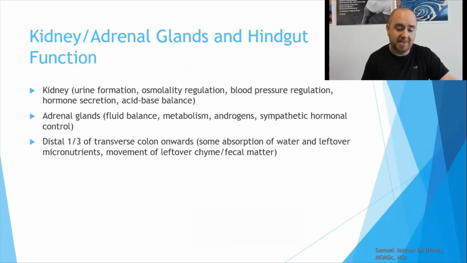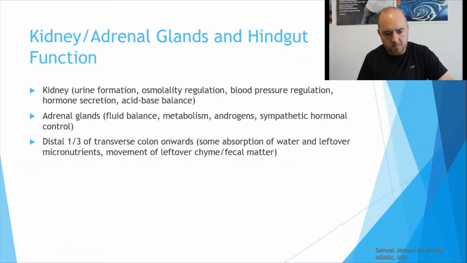The adrenal glands are going to have some portion of fluid balance, metabolism, the androgens, right? So DHEA, sympathetic hormonal control in epinephrine and norepinephrine. So hormonal control of the sympathetic system from the adrenal glands, and that's going to go through the blood. So it tends to be slower than neural control.